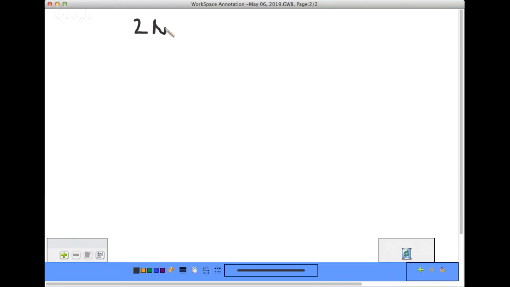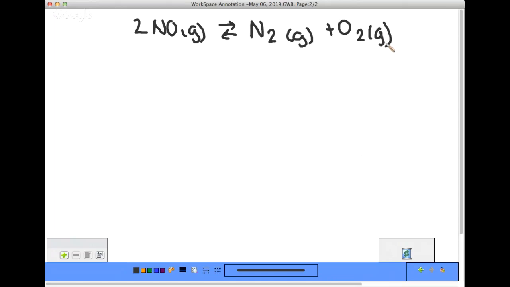We have 2NO, a gas, in equilibrium. We're told that it produces nitrogen gas and oxygen. The question says the initial concentration of NO is 0.2 molar.